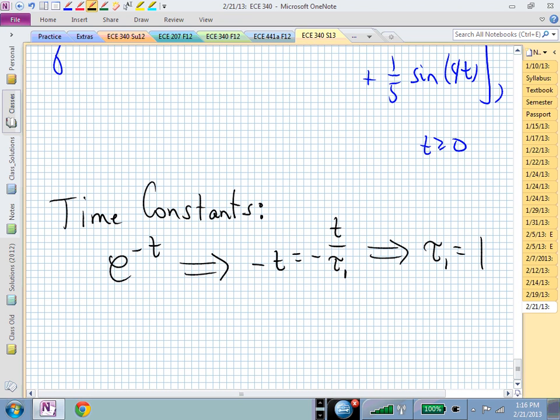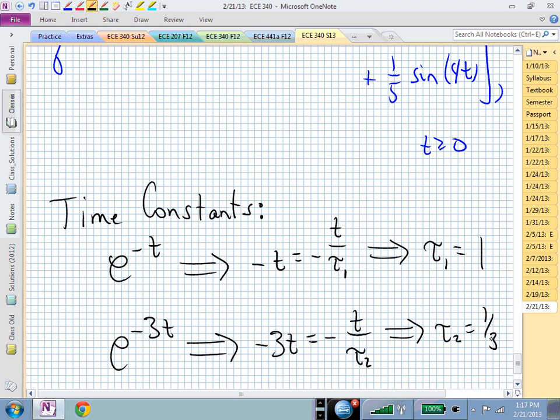What about the next piece? Now we're wanting to make minus 3t look like minus t over tau, and let me call that tau sub 2. The minus signs I can cancel, the t's I can cancel, I can solve for tau sub 2, and I end up with 1/3.